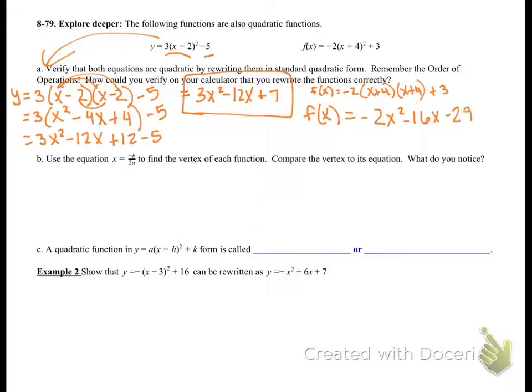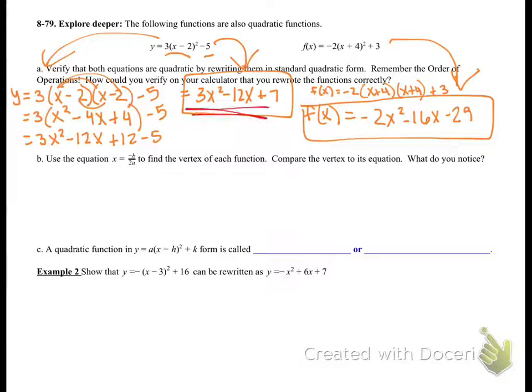All right. Now that we have our standard form for these two, this guy's standard form is here, this guy's standard form is there. We have to use the vertex formula on each of these to find what the vertex is. I'll do the first one in red. If I'm trying to find the vertex of this guy, I have to do negative b over 2a.